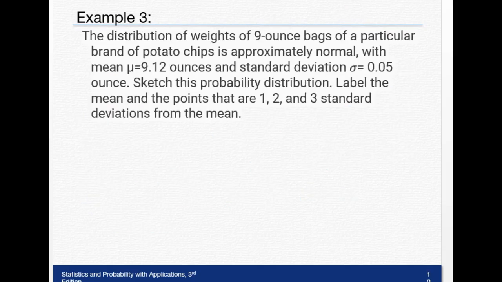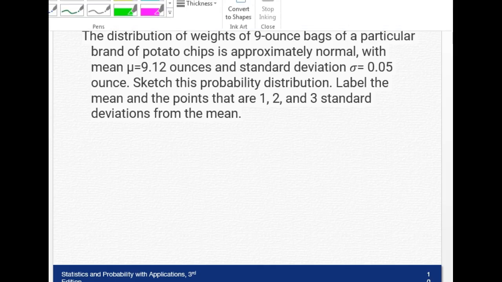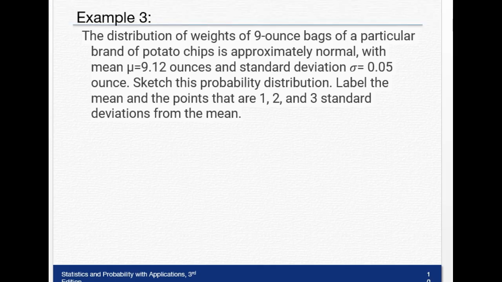You just have to mention that. The distribution of weights of a 9-ounce bag of a particular brand of potato chip is approximately normal, with a mean of 9.12 ounces and a standard deviation of 0.05. Sketch the probability distribution. Label the mean and the points that are 1, 2, and 3 standard deviations from the mean. All right, so let's draw a line. Standard normal curve.